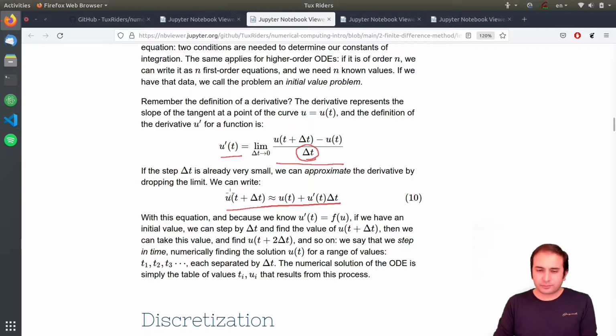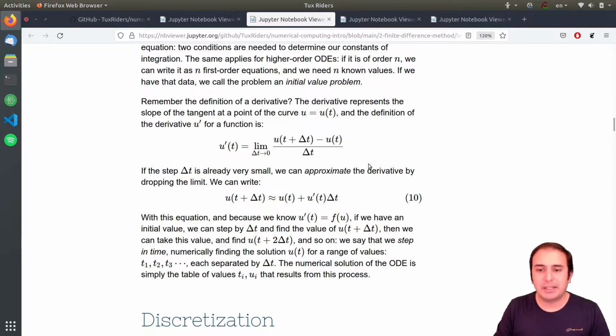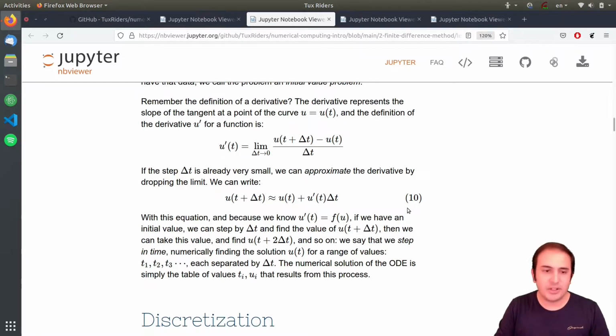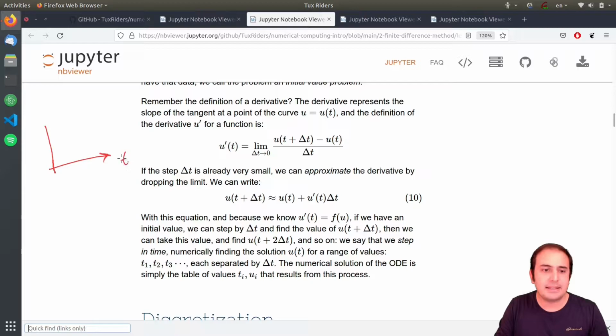So, what does it say? This is very important to see what it tries to say, because this is crucial to understand. This is what matters a lot. Let me clear this. Just imagine that we have a function like this: this is t and this is u, and this is the function.